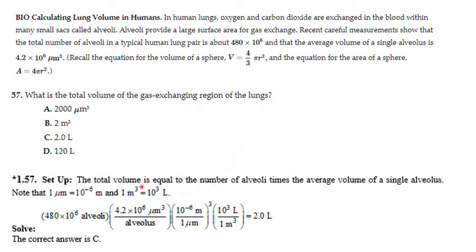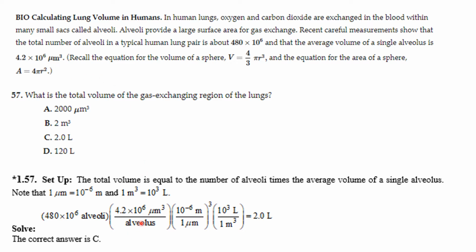Well, the total volume is equal to the number of alveoli, which is this 480 times 10 to the 6th, times the average volume of a single one. Now, to find the average volume of a single one, you do know that this is 4.2 times 10 to the 6th, but this is cubic micrometers.